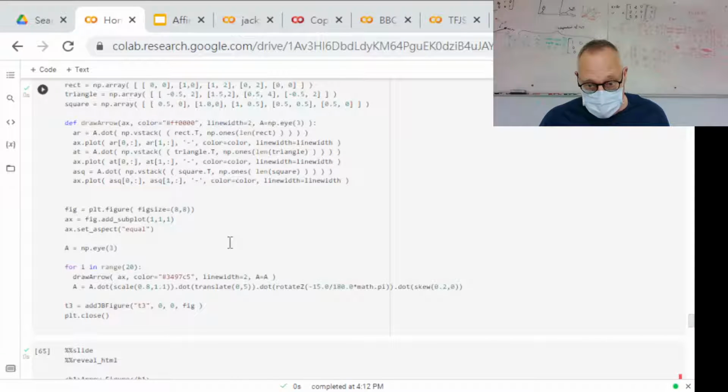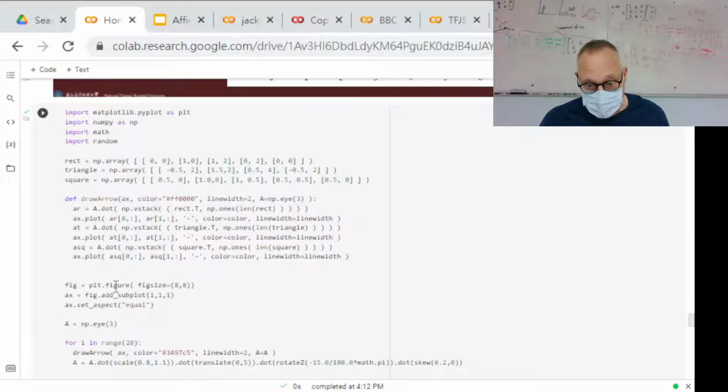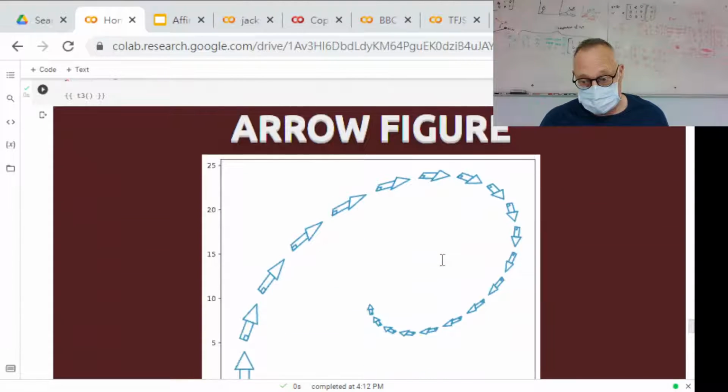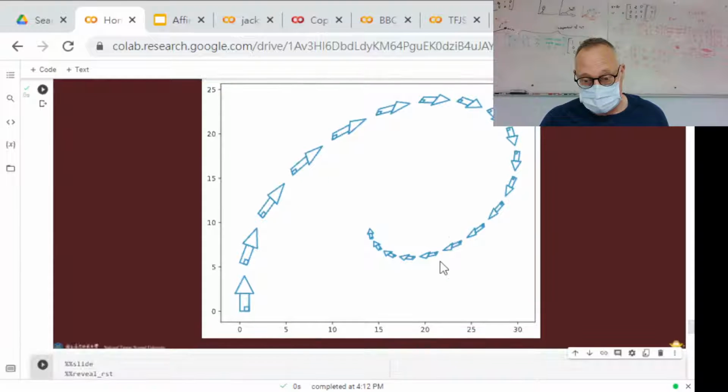I do that by scaling it 80% in the x direction, 110% in the y direction, translating it by 0.5 and rotating it by negative 15 degrees. And I also added a skew to it.